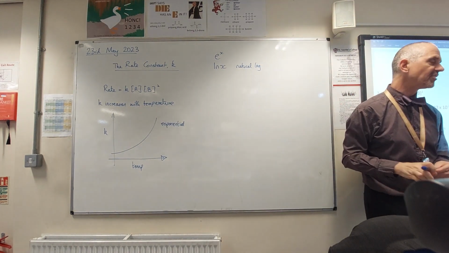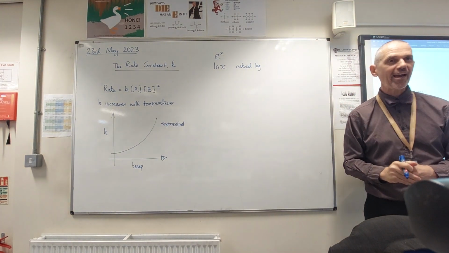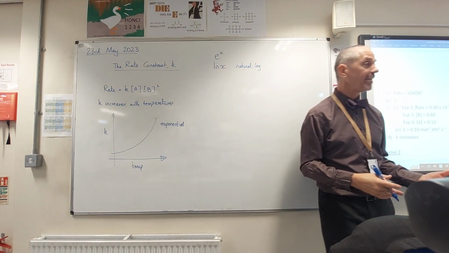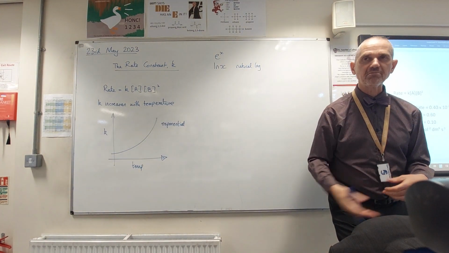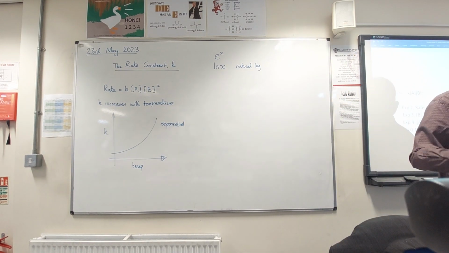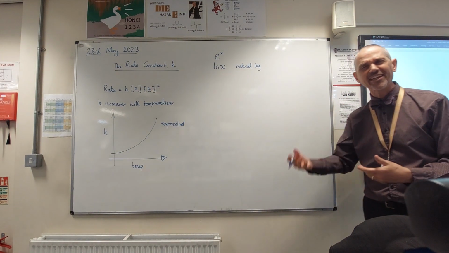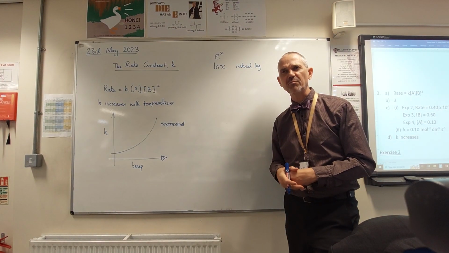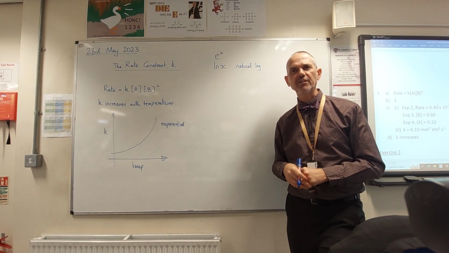Natural log meaning it's to the base e, where e is a super number that mathematicians love, a bit like pi. It's 2.718281828. It's a transcendental number. It never repeats, just like pi. So it's a special number.